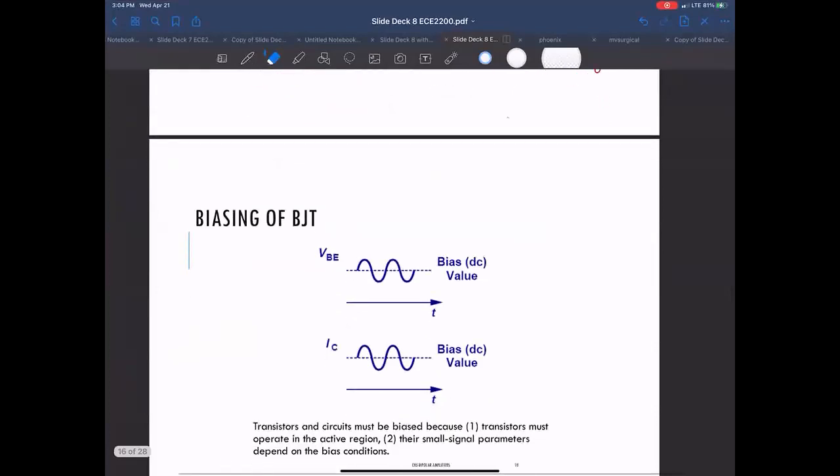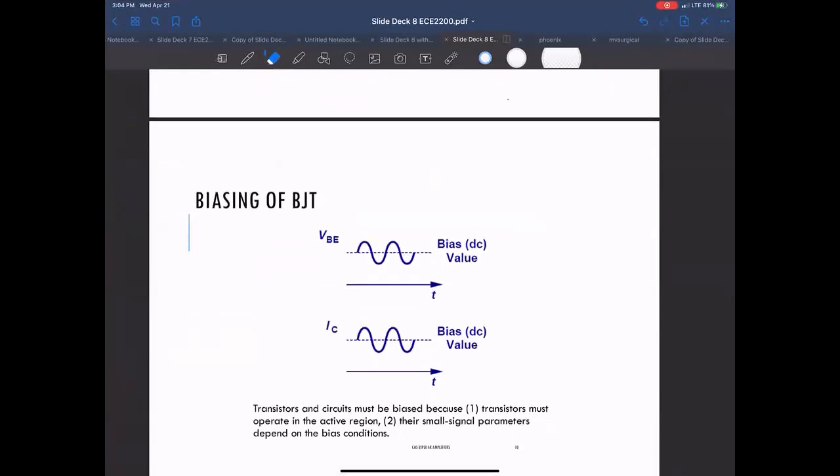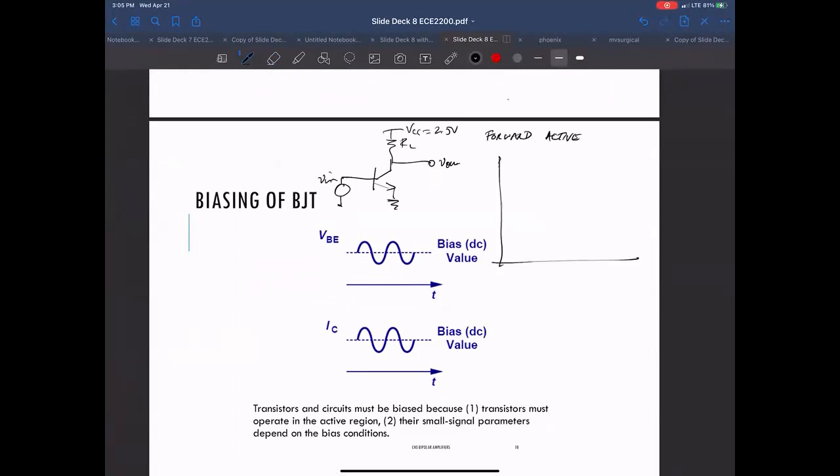This would be V in. When operated in the forward active mode, it has a transfer function that we've seen quite a bit, where, looking at the base-emitter voltage, there is an exponential dependency of the collector current.